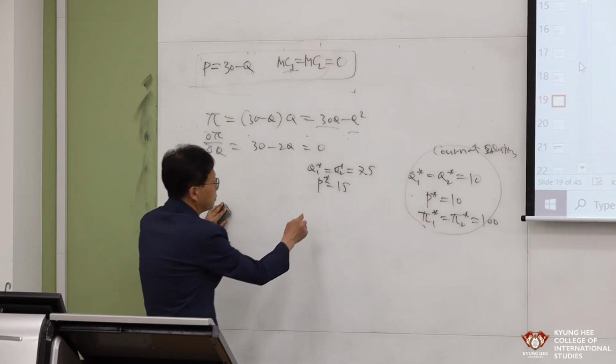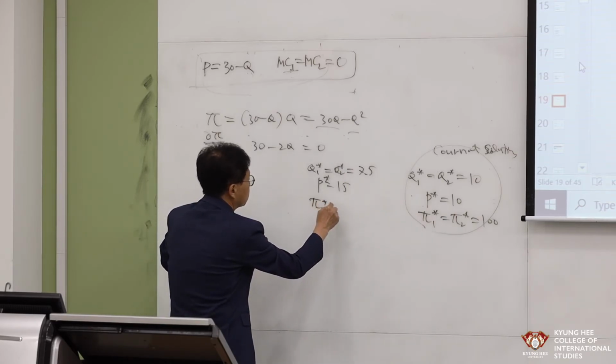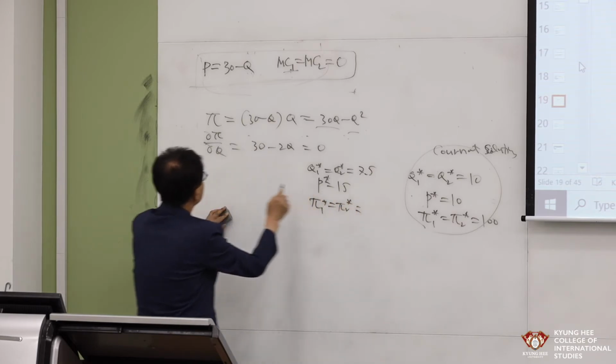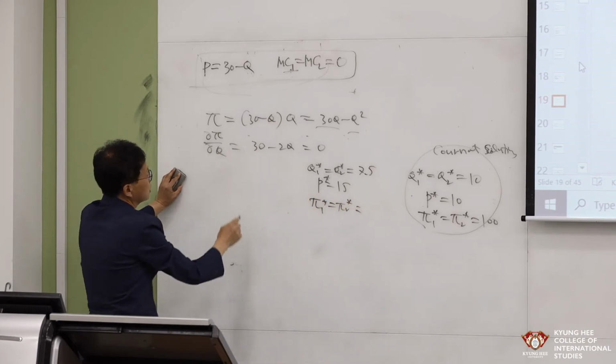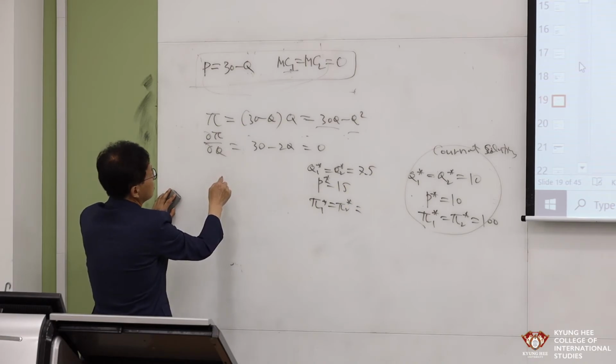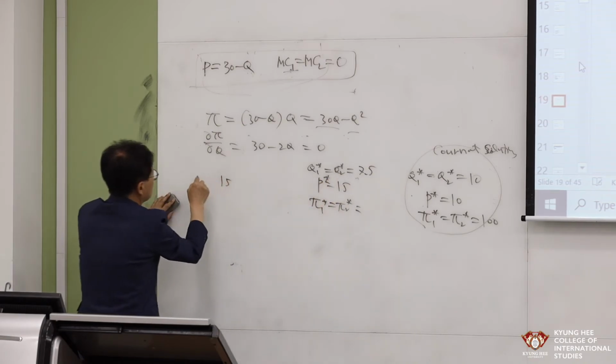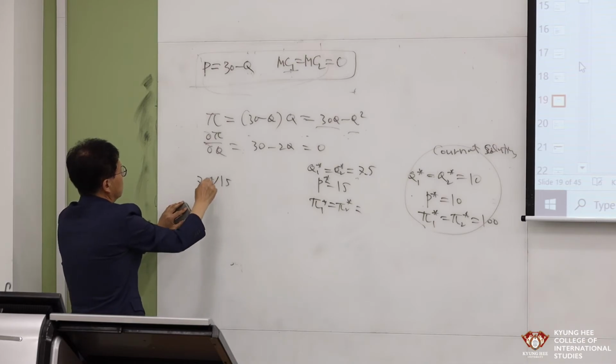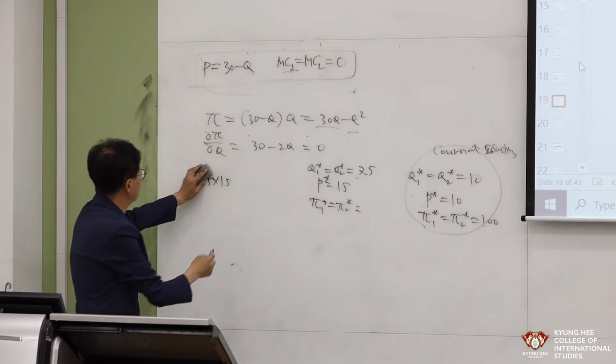Also think about profit. Profit of a firm is price, equal to 15, multiplied by the firm's production, 7.5. This one multiplied by this one. Then what happens?